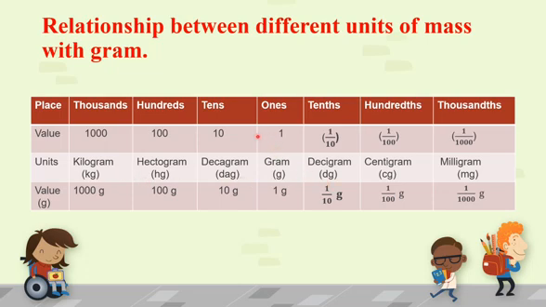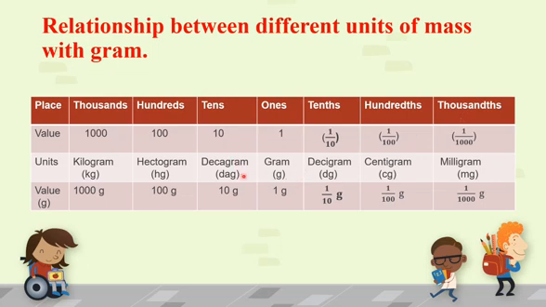So first you will make your place value chart keeping the places in mind. You have your ones, tens, hundreds, thousands as you move towards your left, and then you have tenths, hundredths, thousandths as you move towards your right. In fractional form it will be less than 1.